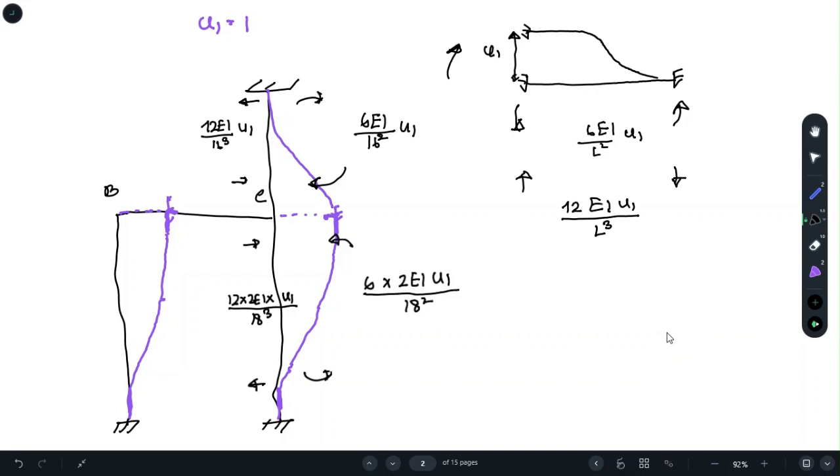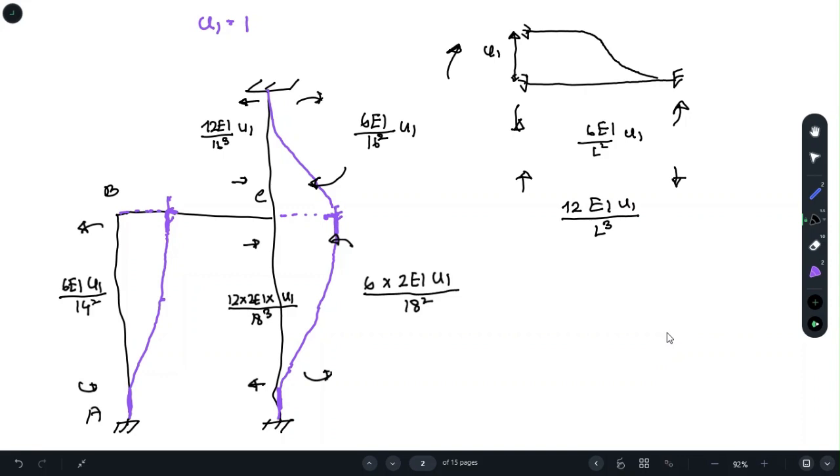For this frame AB, the displacement is occurring in clockwise direction, so the moment will be in anti-clockwise direction. Let's say this direction, and the value will be 6 EI E1 over L squared.